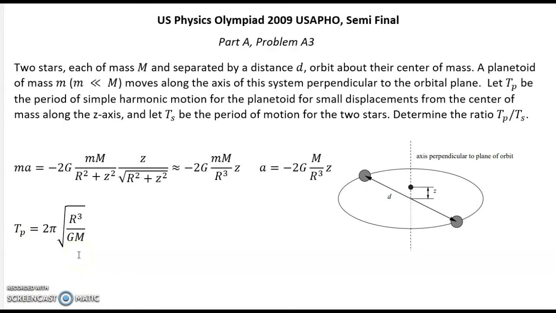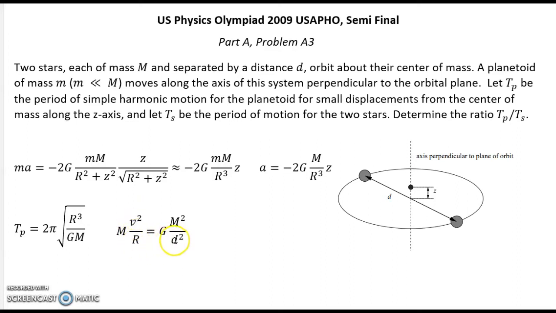Now let's count what the period of rotation for these two stars is. Let's see. We have the gravity force G m squared over d squared, which is equal to mass multiplied by centripetal acceleration for each star, which is v squared over r.